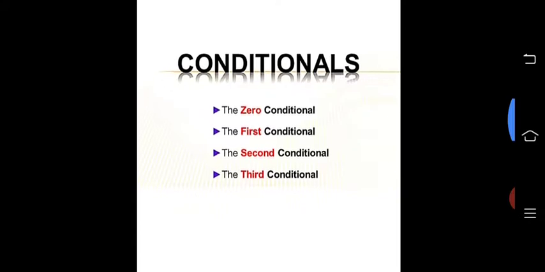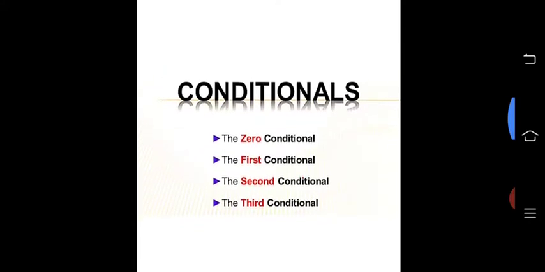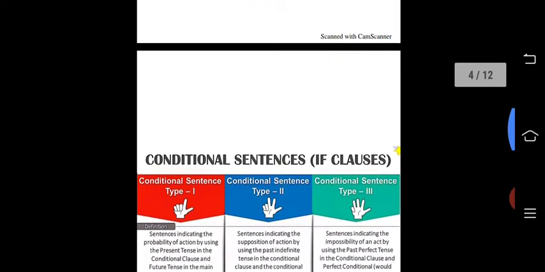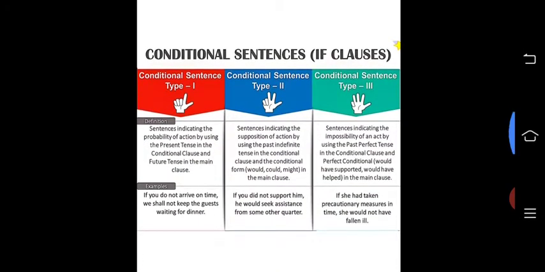How many conditional clauses we have, you know very well. That is conditional clause 1, conditional clause 2, and conditional clause 3. And then one more thing, zero conditional is there. Remember that. So see, conditional sentences type 1, type 2, and type 3.